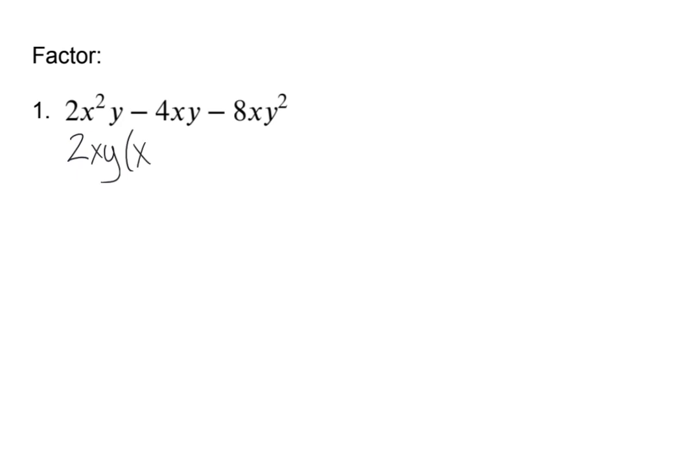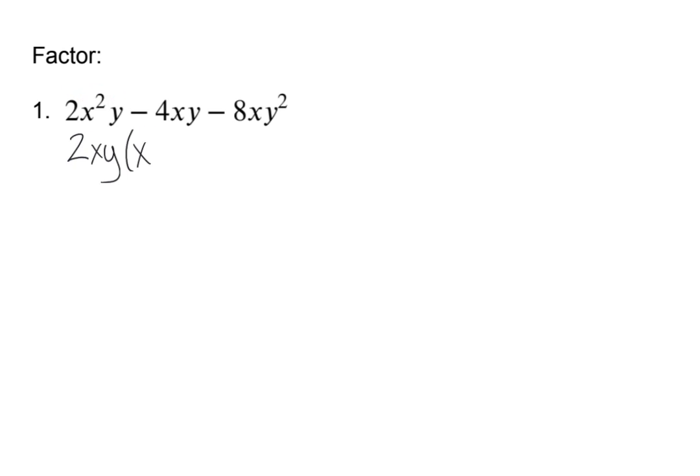And the y came out, so that one's gone as well. You remember, we're thinking about this as we're doing the distributive property backwards. So if you were to put this back in, you would have to get this term. So if I took 2xy times x, it would get me back here.